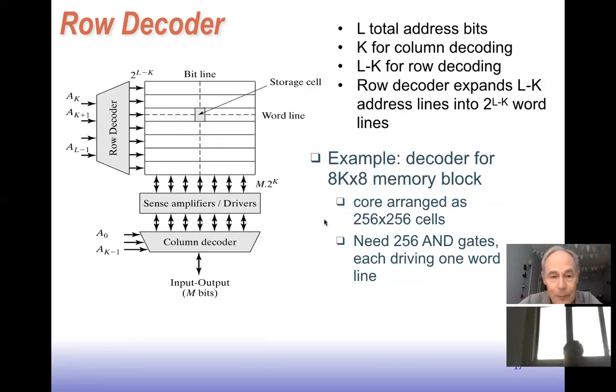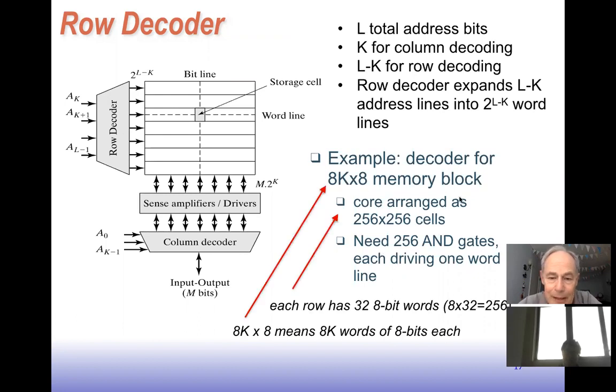Here's an example. Let's say we're going to look at the row decoder for an 8K by 8 memory block. When I say 8K by 8, that's the standard way of saying that this is a memory that has 8K words of 8 bits each, where K is 1024.